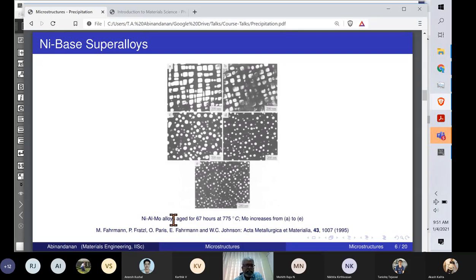Okay, this is yet another nickel aluminum alloy from another study. Here the molybdenum content is changed in a systematic fashion as you go from this microstructure to this microstructure. The main difference is that the elastic interactions are promoted with a certain amount of molybdenum in the alloy. As you move systematically away from that level of molybdenum, you remove the elastic interactions and the particles acquire spherical shapes.